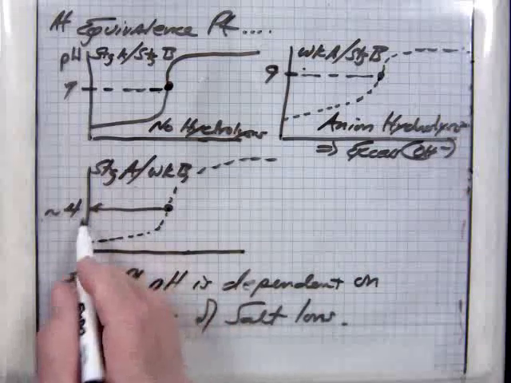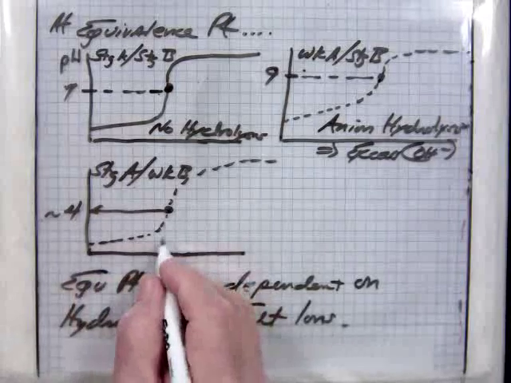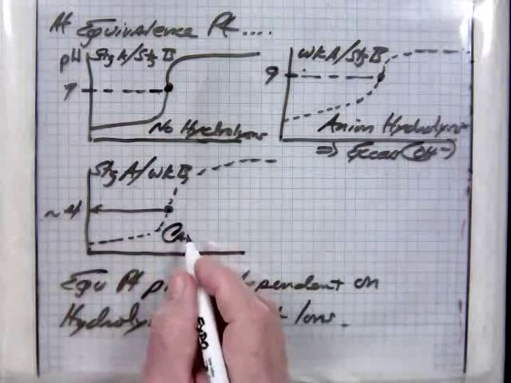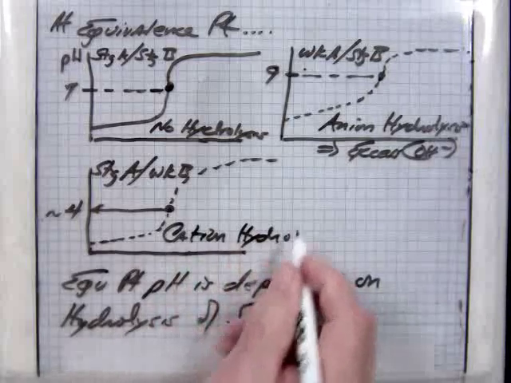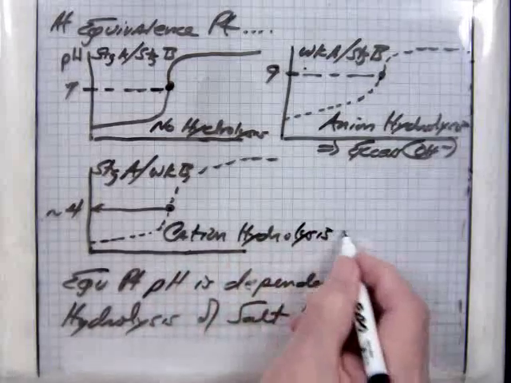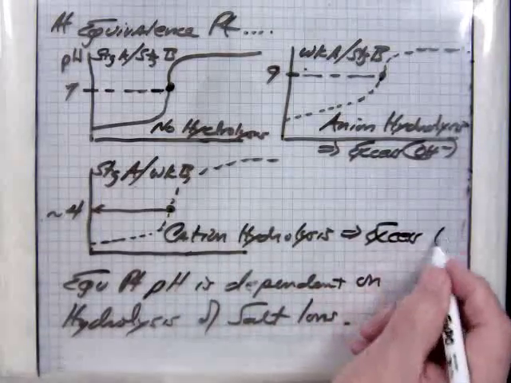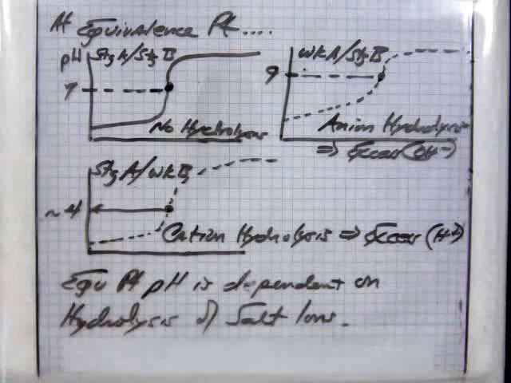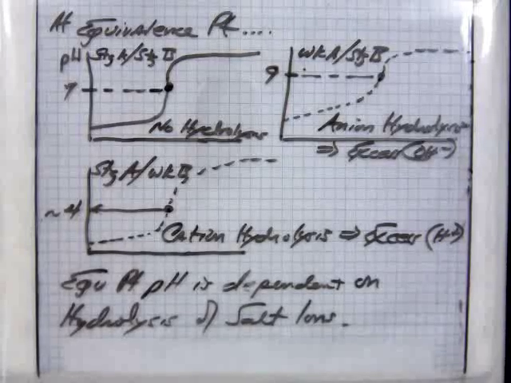Whereas in the strong acid, weak base case, it's the cation hydrolysis that causes the pH to drop and gives an excess of hydronium ions. So what I'm doing is giving you a sneak preview of how the analytics will work out as we go through each one of these types of calculations.